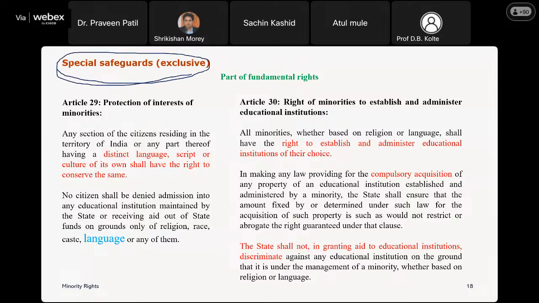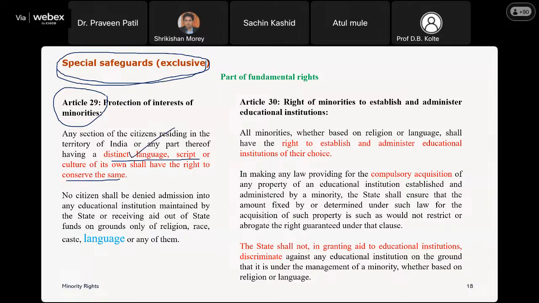Few rights are available only to the minorities. The minority could be a religious minority or it could be a language minority. They can conserve the same. What to conserve?